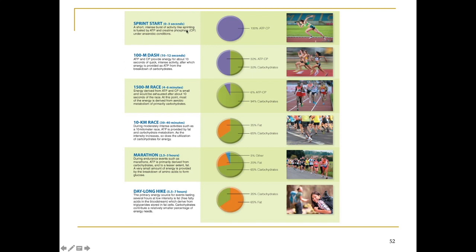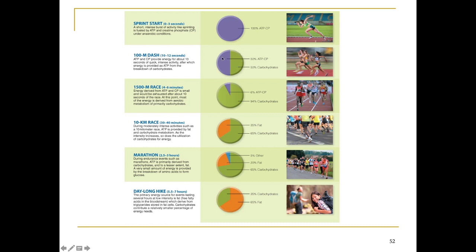So for sprinting, 0 to 3 seconds, you're using 100% ATP or creatine phosphate. Once you get into things like 100-meter dash or like 10 to 12 second long exercise, you've started to deplete your ATP and creatine phosphate stores and starting to use carbohydrates anaerobically broken down to produce ATP.